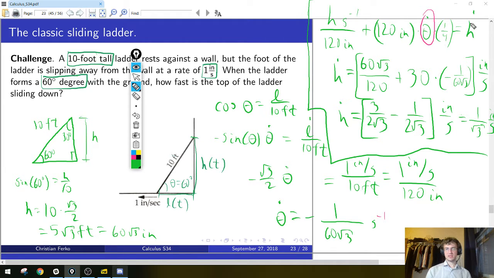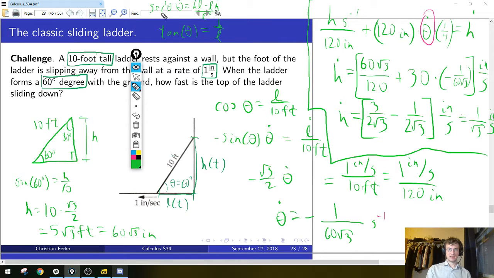This thing came from tan theta was supposed to be h over L, right? That's where we got this from, which meant, are we sure the derivative of tangent is secant squared and not minus secant squared? Yeah, I guess that must be right. Tangent gives secant squared theta. Theta dot is h dot L minus L dot h over L squared, and we solve that.